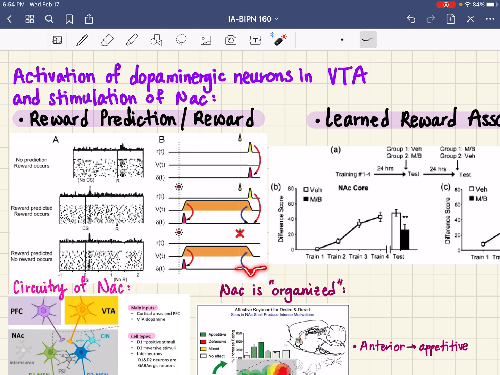They became hyperpolarized. So the opposite of activation took place when they realized that over and over they are not given the juice. Okay? So some research data showing that the dopaminergic neurons in the VTA are involved in reward prediction.